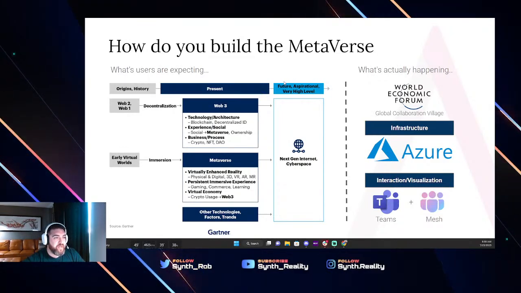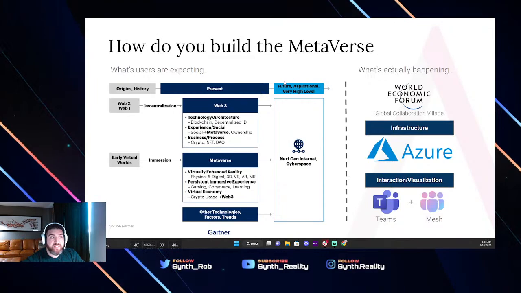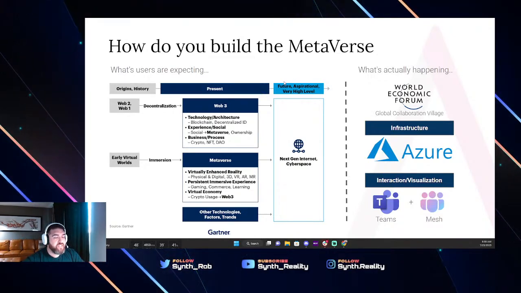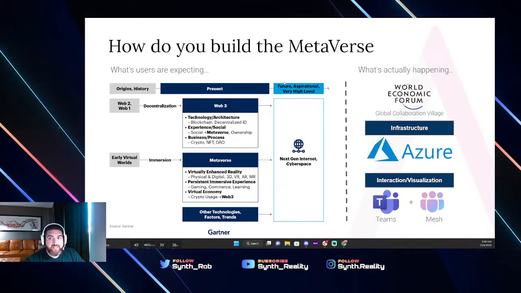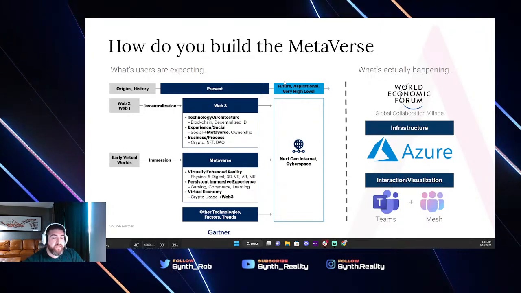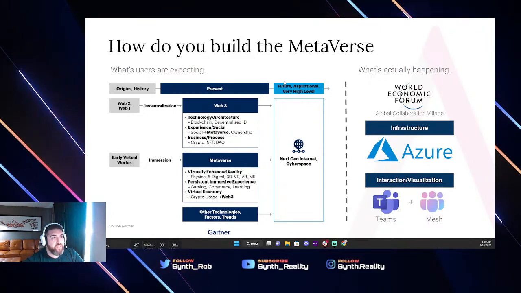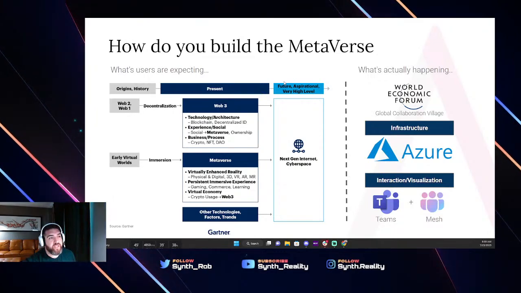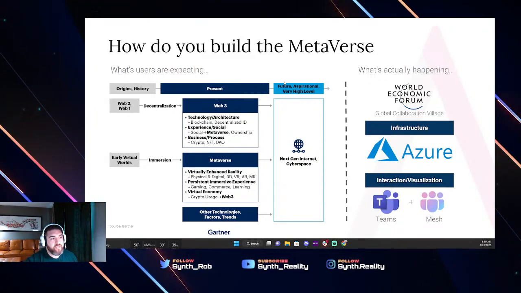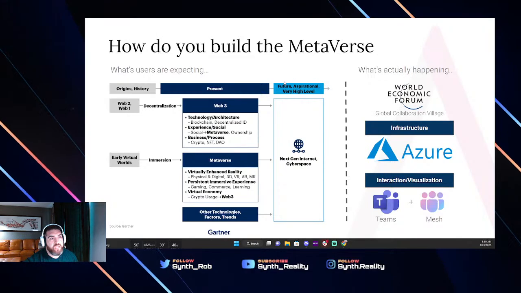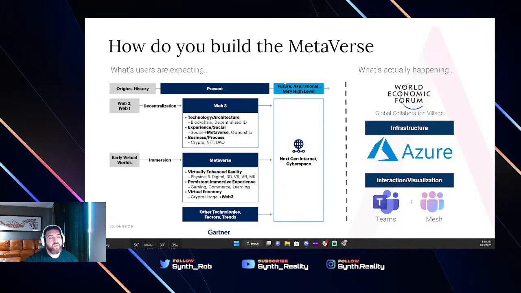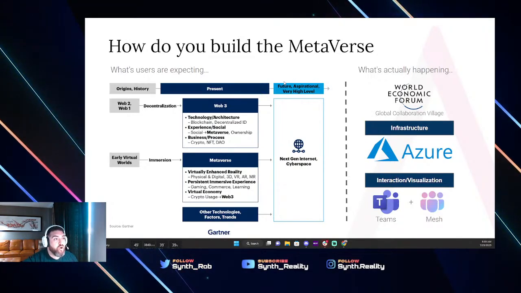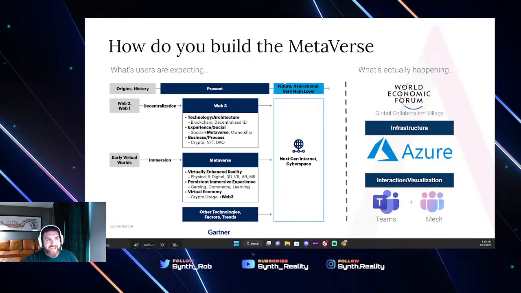Mesh is a Microsoft-based avatar builder for Teams and allows you to move around digital spaces. This is a monolith. This has nothing to do with Web3. There's no decentralization aspects. There is no ability to have a unique experience related to moving across metaverses or owning data or anything like that.